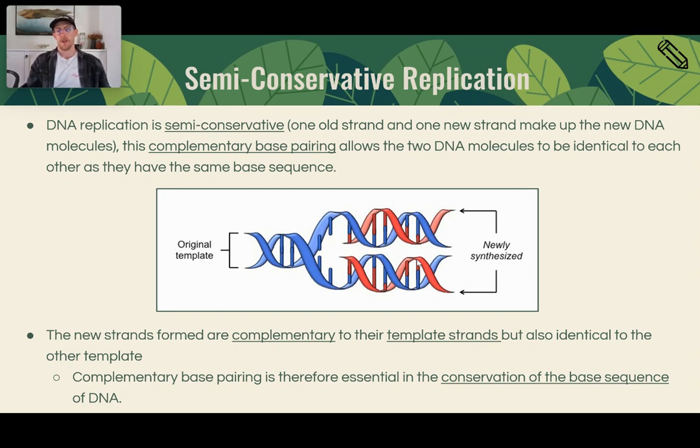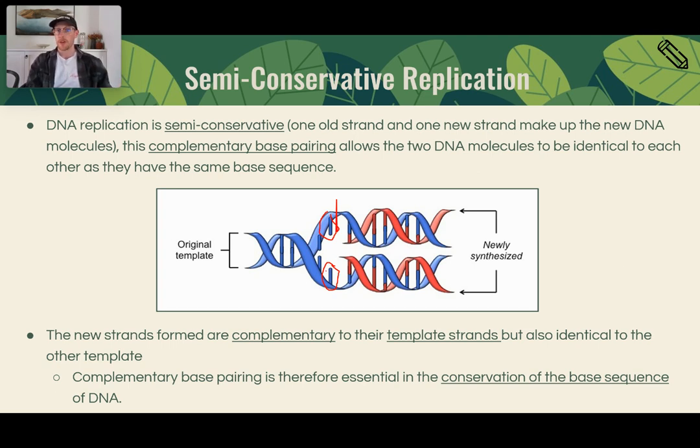And so if you look at, let me get my pen out here, if we look at this here, let's say that's thymine, which would mean that's adenine. That means that when we synthesize or create the complementary base, that new strand will have just the opposite. So the thymine will have a brand new adenine connected to it, and the adenine will have a brand new thymine connected to it.